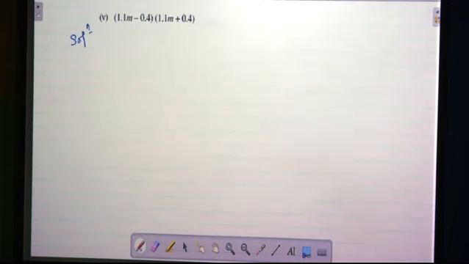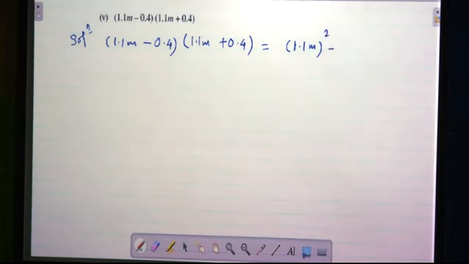So, 1.1 m minus 0.4, second bracket 1.1 m plus 0.4 is equals to 1.1 m bracket square minus 0.4 bracket square, using identity 3.